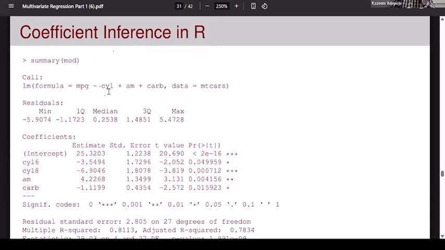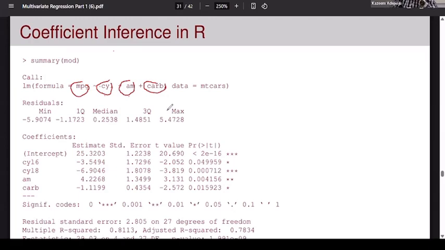Let me tell you the difference between this and the one I showed you the other time. Please pay attention. Right now, I'm looking at the effect of cylinder, effect of AM, and effect of carb on the MPG, and I'm running that as a multiple linear regression here.